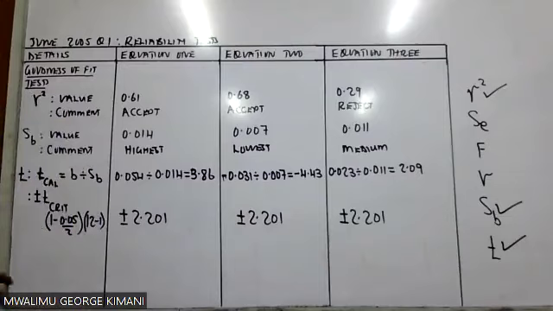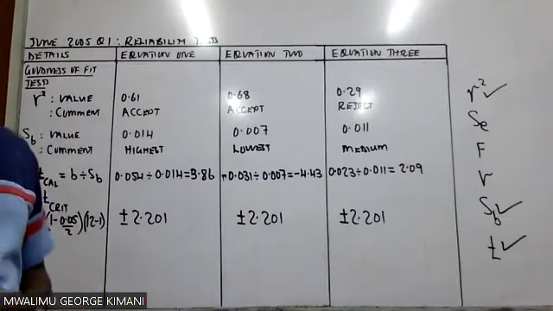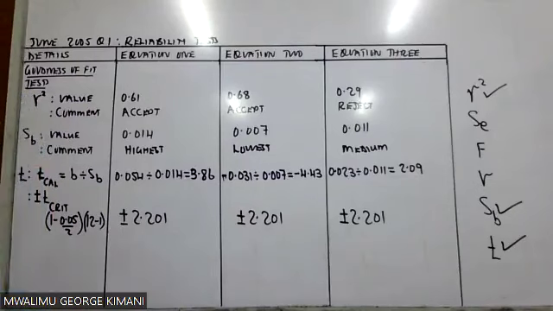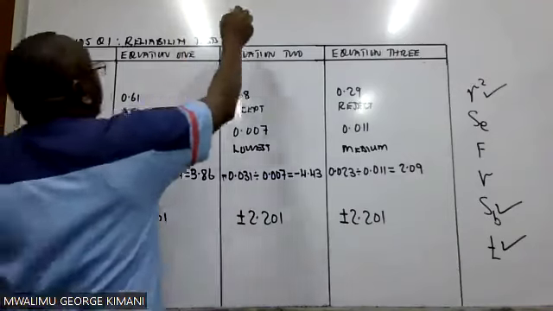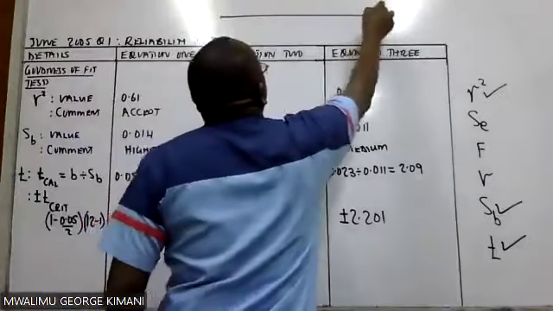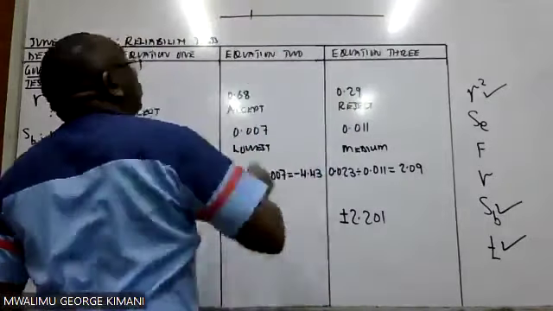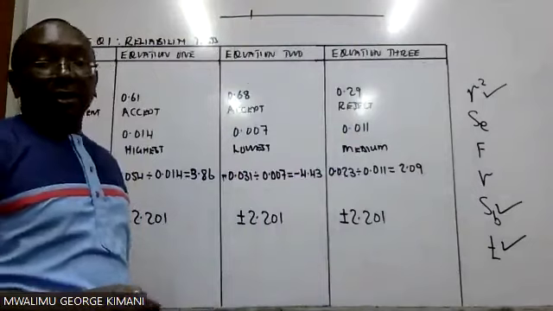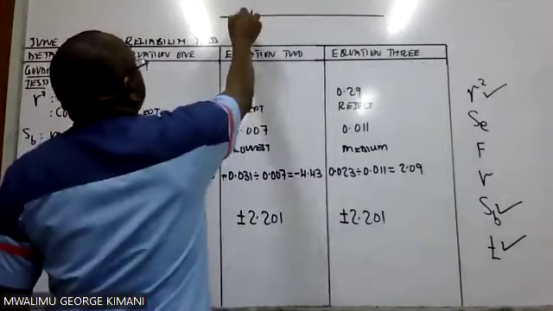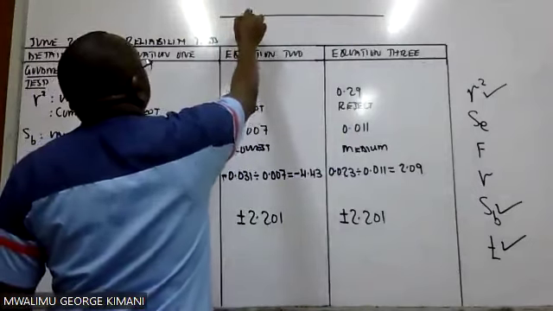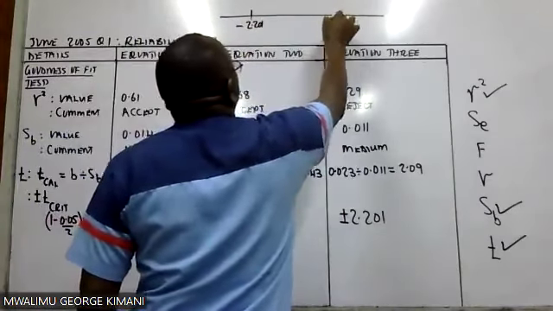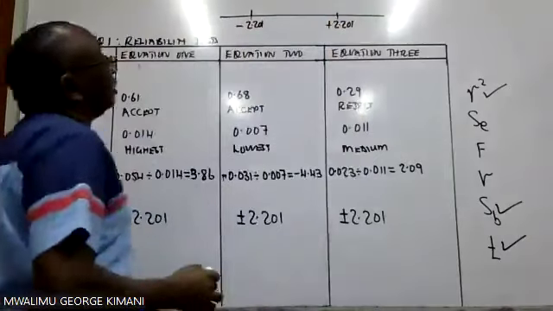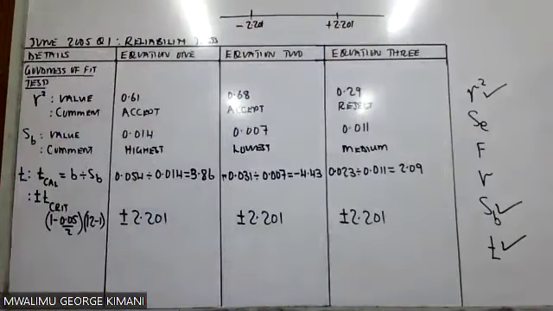So if you remember what we said about this test, we had something like this. You look at the t-test, the rule, hapa ndio tulikuwa na negative, so like now here it will be negative 2.201, na hapa tukakuwa na positive 2.201.